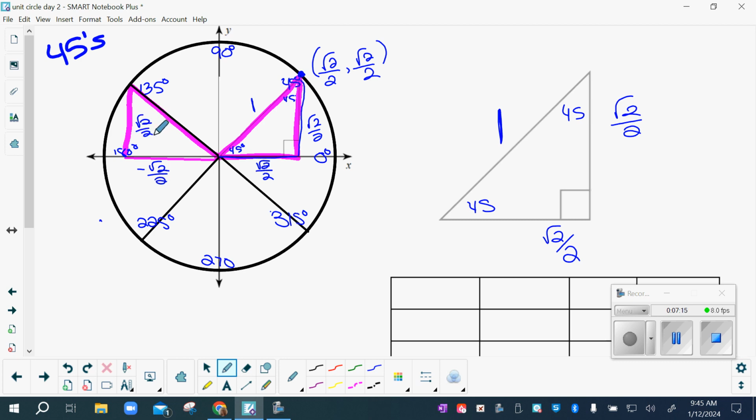So let's get our next point. Are you guys ready? Next point right here. Root 2 over 2 negative because I went in the negative direction, and then I went up root 2 over 2. Do I have to do a bunch of math? I don't.